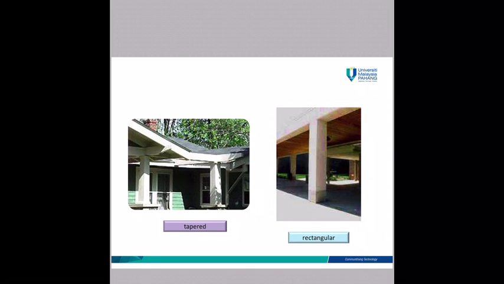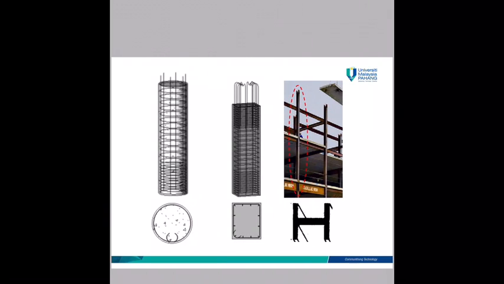This is an example of a column. You have a tapered column. Tapered here means that the top and the bottom of the column have different cross-sectional areas. And also you have a rectangular column, and a circular one.